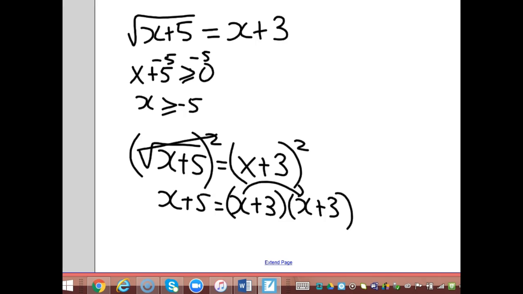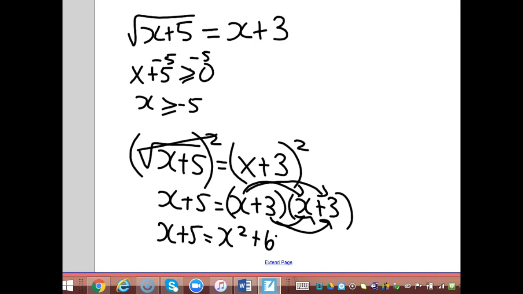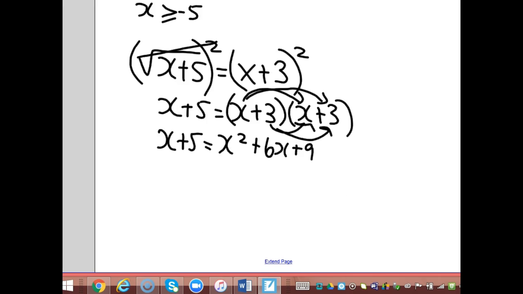Okay, so we actually have to FOIL these two brackets. So we end up with x squared plus 6x plus 9.